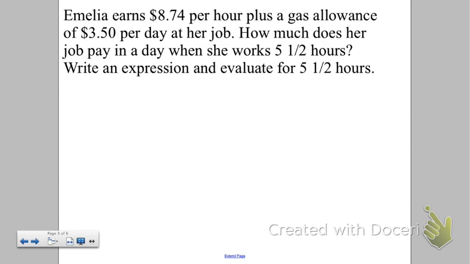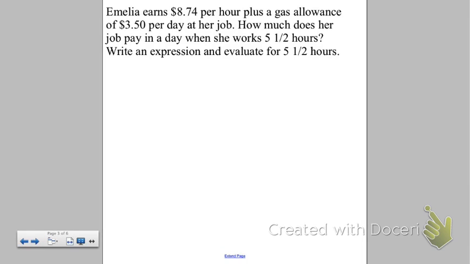And the last question. Amelia earns $8.74 per hour plus a gas allowance of $3.50 per day at her job. How much does her job pay in a day when she works 5 1/2 hours? Write an expression and evaluate for 5 1/2 hours.